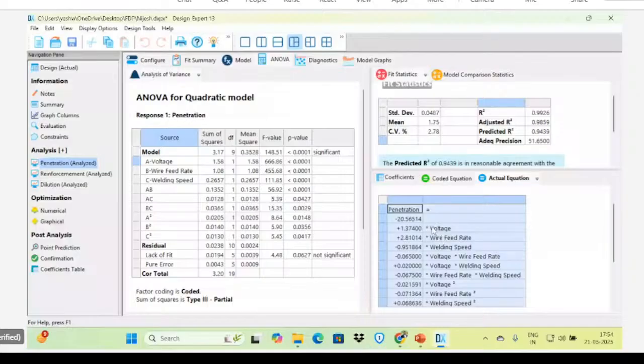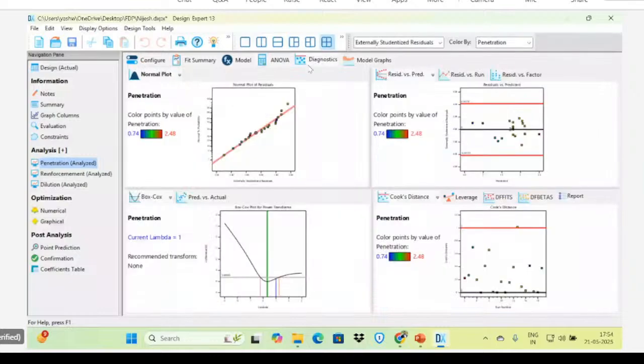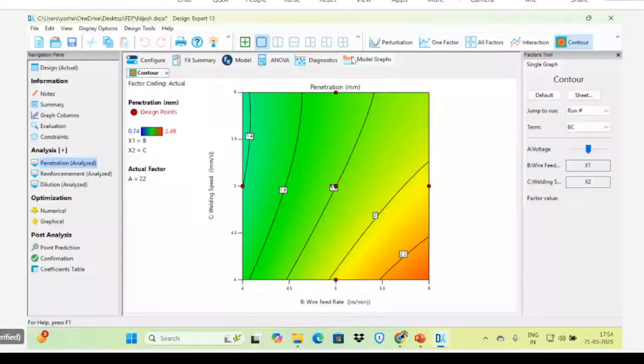Suppose 20.5, we put voltage value as 20.5, wire feed rate as 5.5, welding speed as 5.5, and then we can calculate the penetration value. It will give the penetration value as per the model significance. Then we can go to diagnostics and model graph. This is the contour graph we are getting.